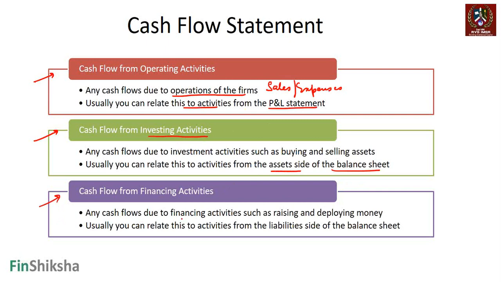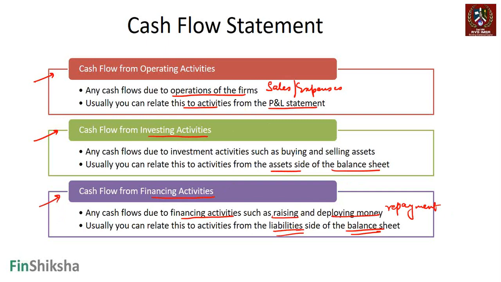And any cash flows due to financing activities such as raising and deploying money or repayment of money, all this comes under financing activities. Usually you will find this on the liabilities side because that's where you will raise money, that's where you will deploy or repay money from. So effectively that's your cash flow statement division.